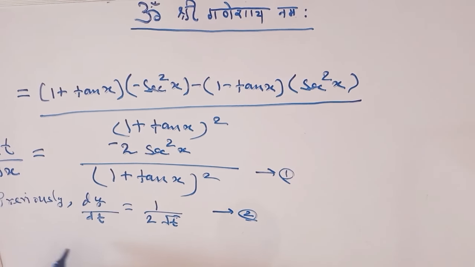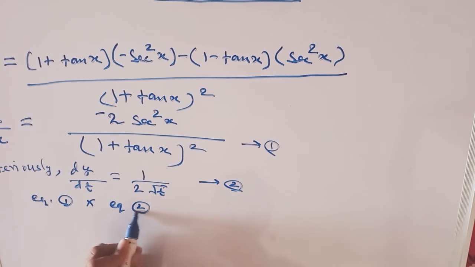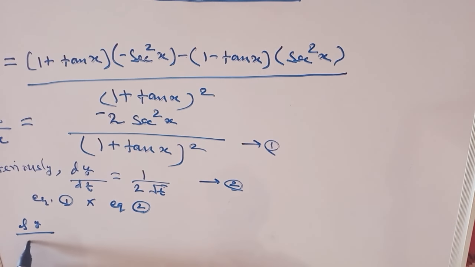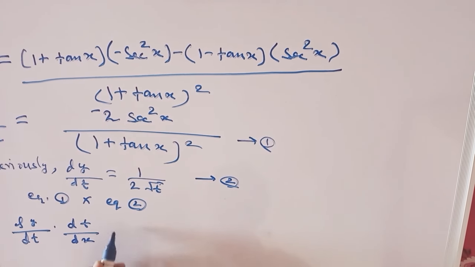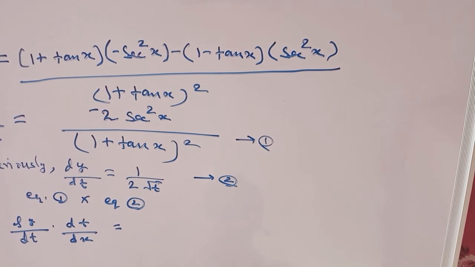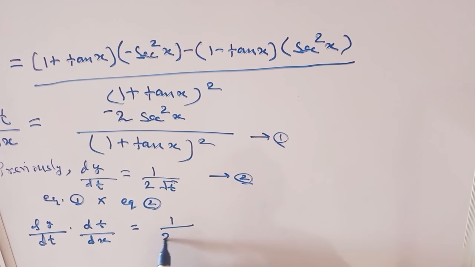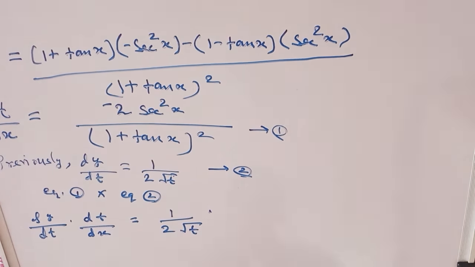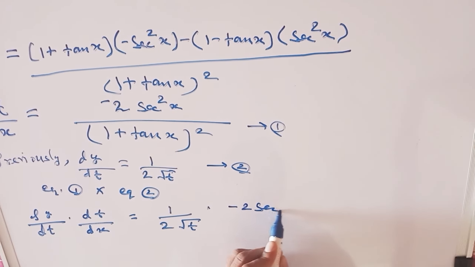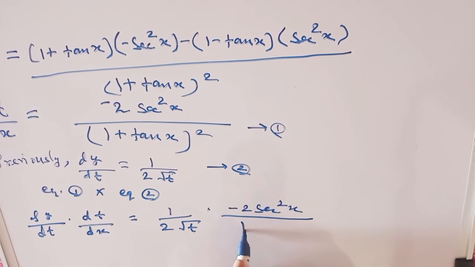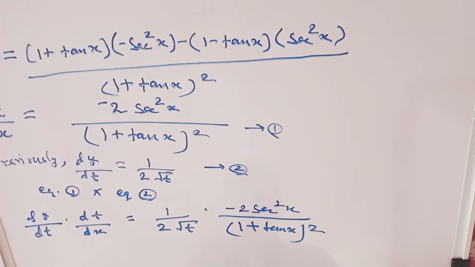Multiplying equation 1 by equation 2, we will get dy upon dt multiplied by dt upon dx. So we'll get dy upon dx from here. So now dy upon dt is 1 upon 2 root t, multiplied by dt upon dx, which is minus 2 sec square x upon (1 plus 10x) whole square.